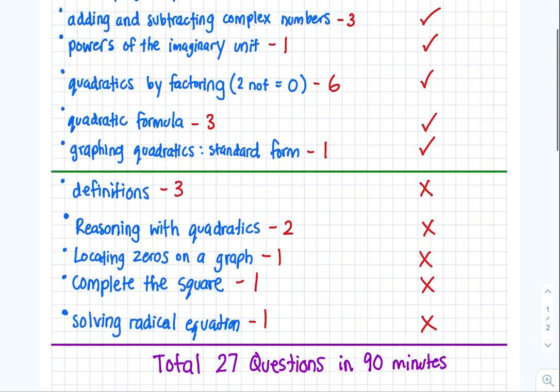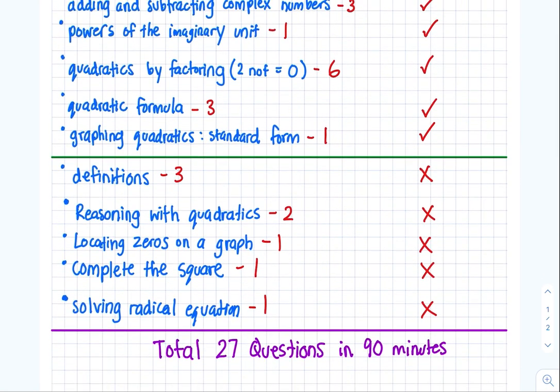Now, right here, you're going to have some different types of problems. I put that green line because there is no Khan Academy practice or videos for this. You're going to have 3 definitions. For reasoning with quadratics, they're going to give you a situation, and you have to use your critical thinking skills with your knowledge of quadratics to solve the problem.